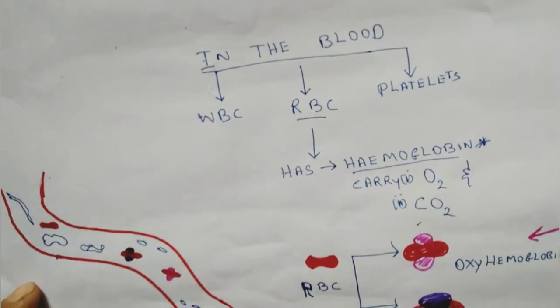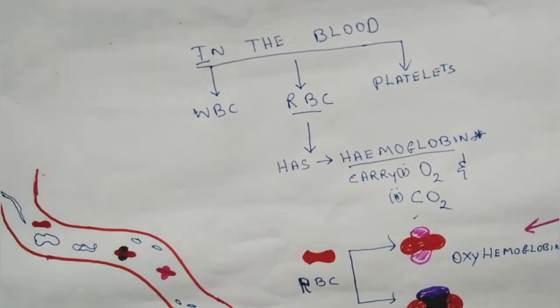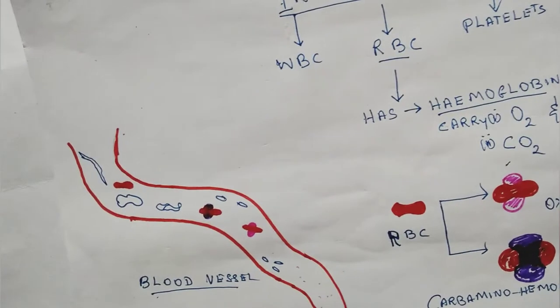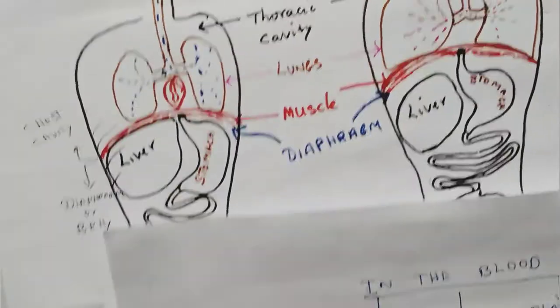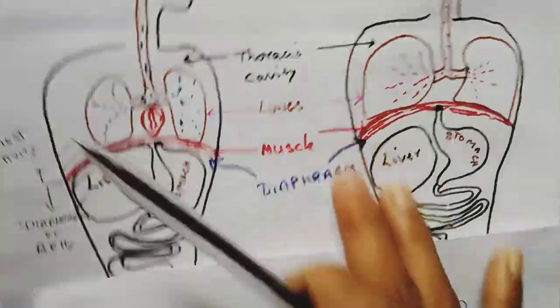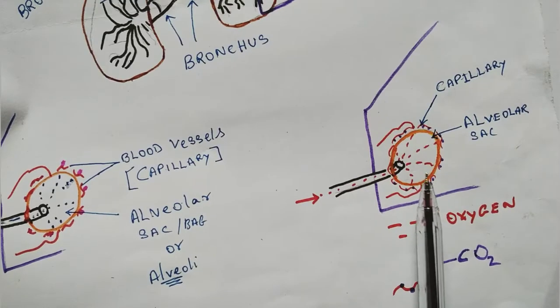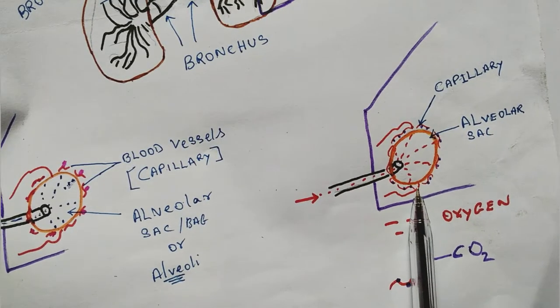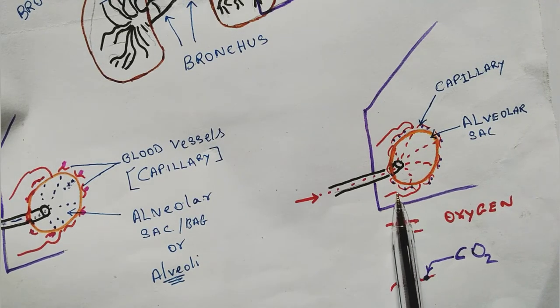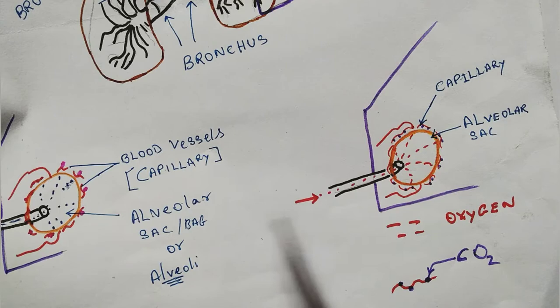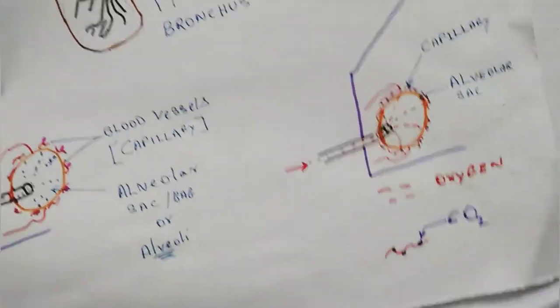So let's come back to this diagram that you have seen before. You see, when the oxygen enters into the capillaries, the blood in the capillaries will take that oxygen into the heart, and from the heart it will flow through the arteries to the different parts of the body.